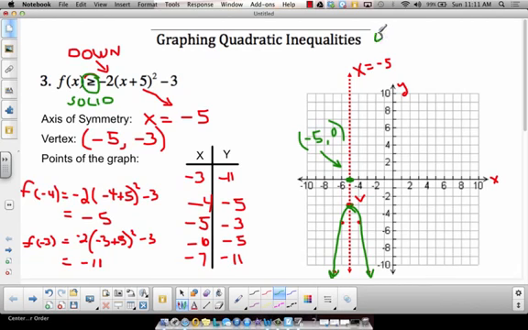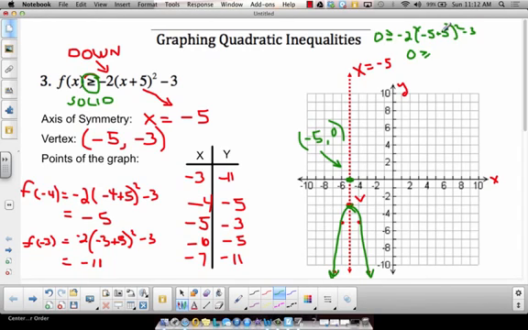All right, so not a lot of room here, but I'm going to have 0 equals -2 times (-5 plus 5) squared minus 3. And actually, I don't want to use just equals. I need to use my inequality because I'm trying to see if I have a true statement or not. So 0 greater than or equal to.